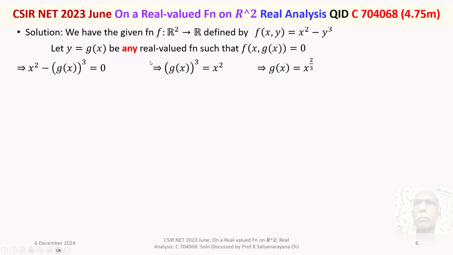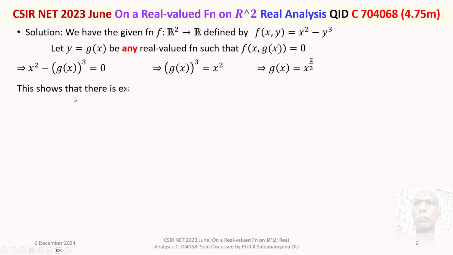So, g of x exists. We have given freedom for g of x, it is any real valued function, and it comes out to be g of x is equal to x to the power of 2 by 3. So, by this argument, there is exactly one real valued function g of x such that f of x comma g of x is equal to 0, and g of x, x to the power of 2 by 3, exists on the whole of R, on the entire real number line.